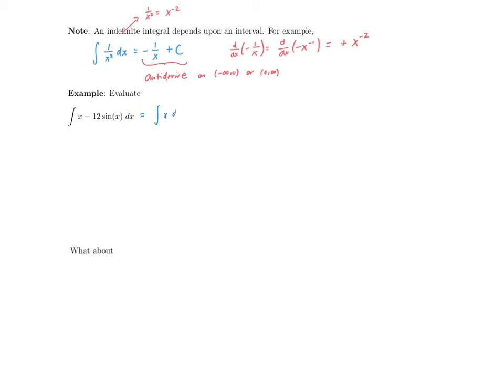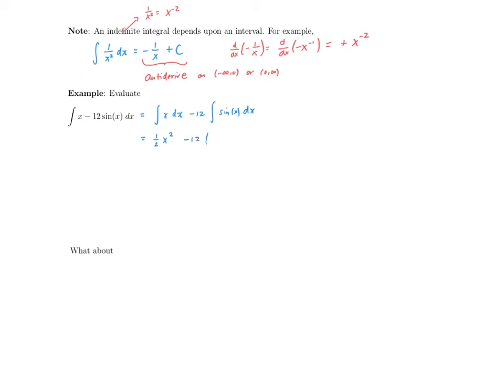So we can break this up into the indefinite integral of x minus 12 times the indefinite integral of sine. Then individually we can take care of each of these. The antiderivative of x is 1/2 x squared. And note, I'm not going to put a plus c here. I need a single plus c to go with my indefinite integral, so I'm going to wait and put that plus c at the end.